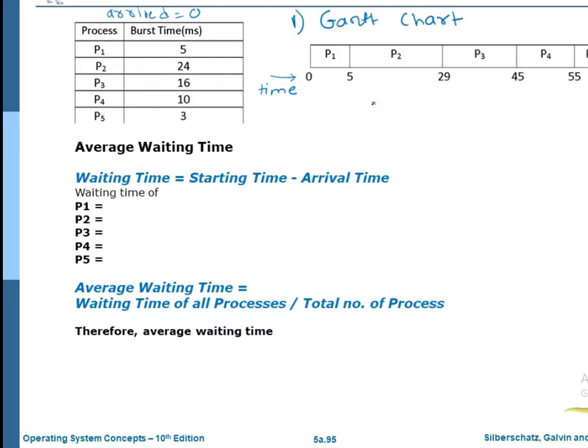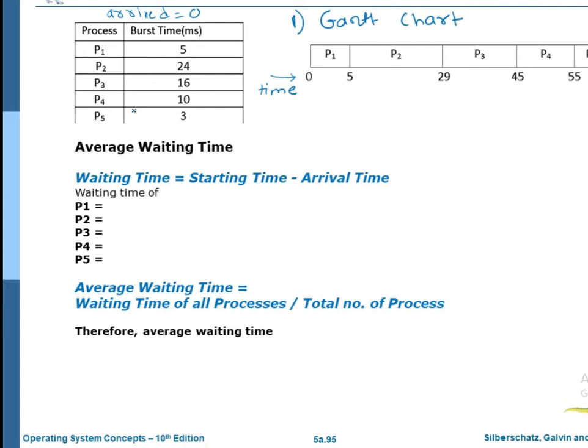It is nothing but a graphical diagram of how the processes are going to execute in our system. As we assumed that all the processes arrived at time 0, at time 0 all the processes are in the system and they arrived in this sequence.